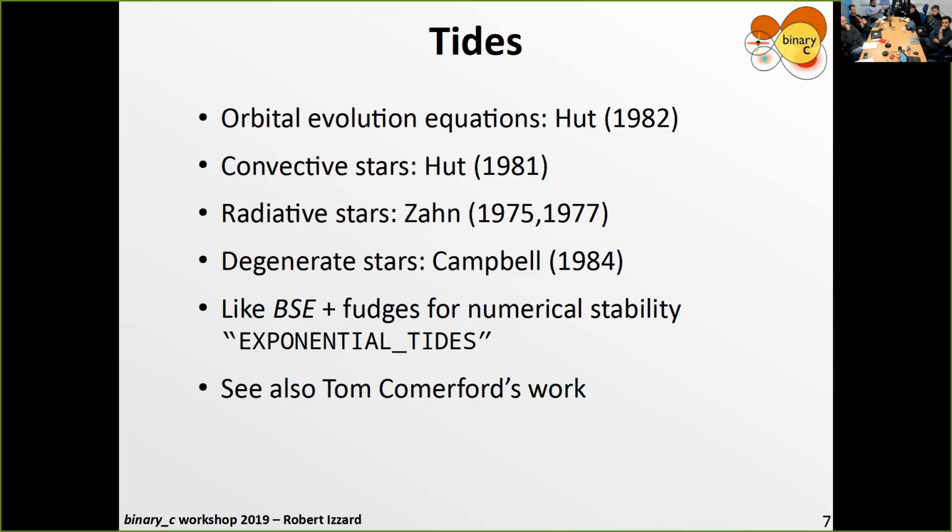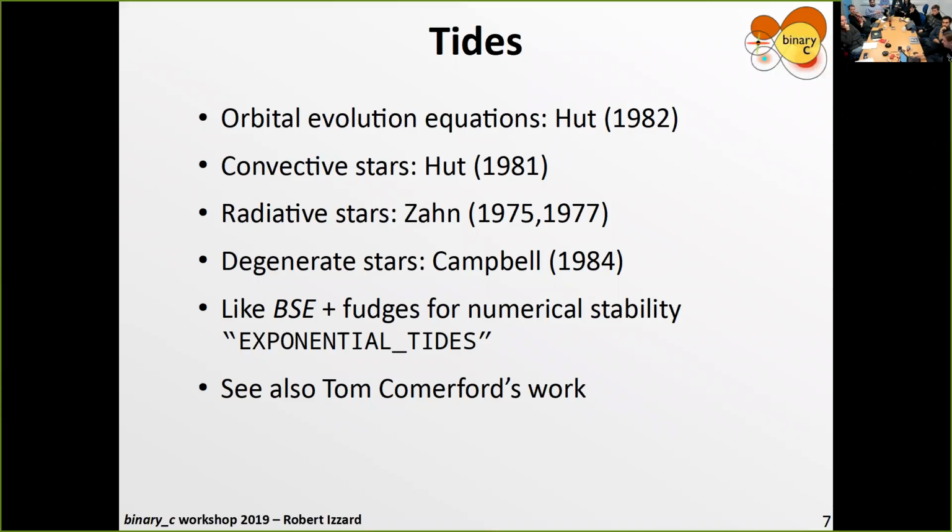What's important is always the factor of R over a, the radius divided by the separation. It's to the power of 6 or 8, depending on whether you're looking at synchronization or circularization. I can't remember which is which, it doesn't really matter. It's extremely nonlinear. As the radius of the star becomes roughly the separation of the stars in the orbit, the tides become very efficient.